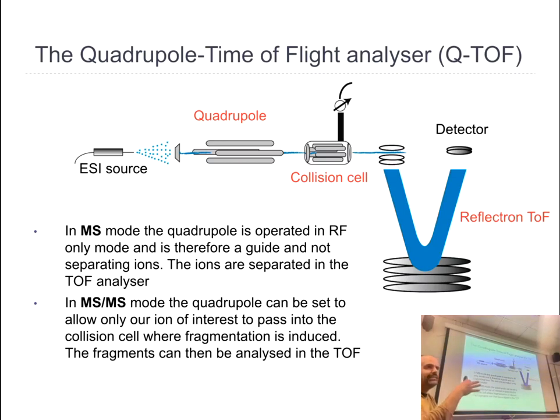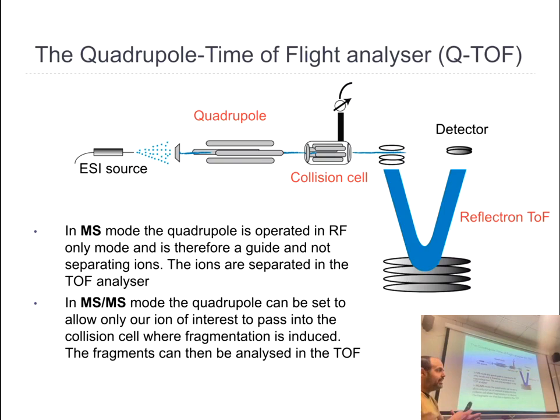Do you remember we talked about the stability? So you can use it as a mass filter. You can filter out all the other ions and only let one go through, the one you're interested in. Or you can not bother with any of this and just use it as an ion guide, just to put all the ions through. And then you fragment your ions here, and then you use your time of flight.